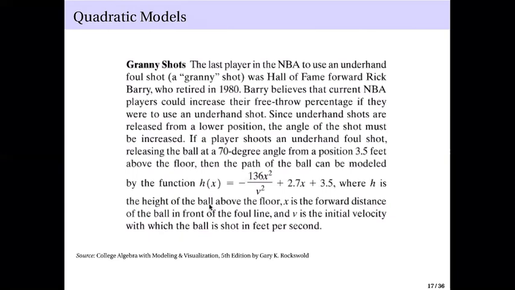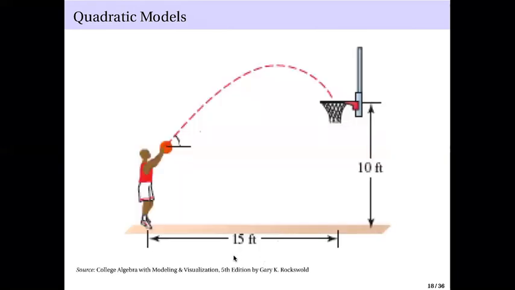Here, h is the height of the ball above the floor, x is the forward distance of the ball in front of the foul line, and v is the initial velocity with which the ball is shot in feet per second. So if we look at this, this is not a hand-to-hand shot, but this is how we interpret it. You have some ball coming from lower than possibly your shoulder, but of course there will still be an angle.